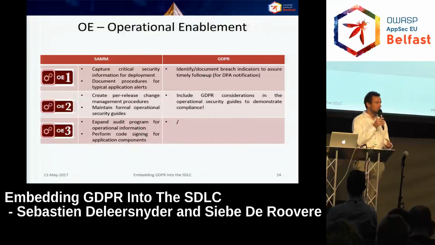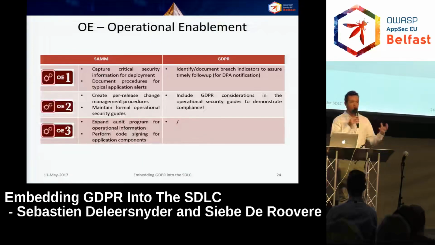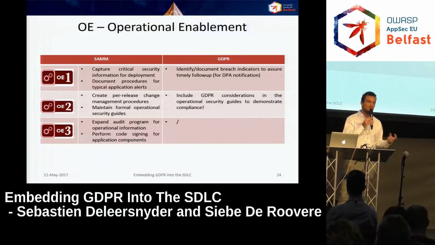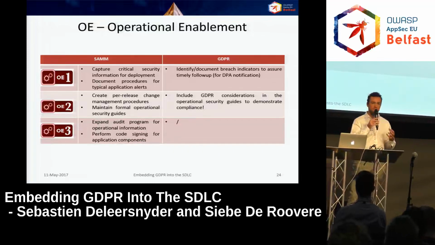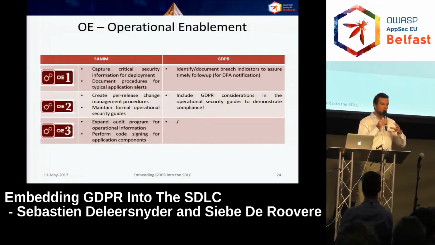So check the website of your local data protection authority in order to implement these documents within your data breach process. And include GDPR considerations in all your operational security guides. Whatever you document related to the new application that you're building, make sure that you implement GDPR within it, that you have a GDPR field by which you can prove that you've taken GDPR into account during the entire process.